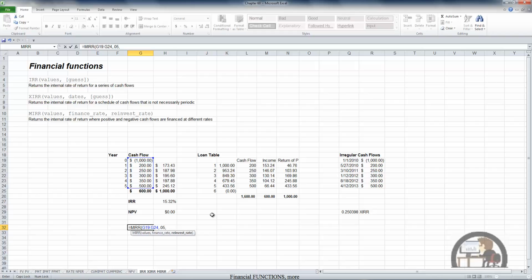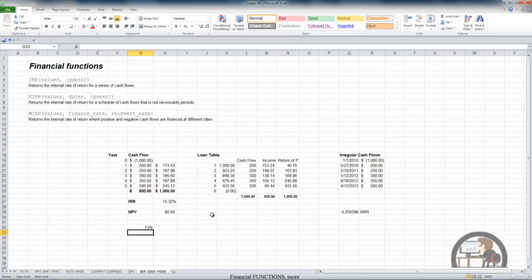So the proceeds, or the cash flow that we are going to generate from this investment, have a cost, the finance rate, and the cash we're receiving is going to be reinvested into the company, and let's say the reinvestment rate is 10%. Closing the parentheses, enter, and the MIRR has calculated a 13% return on these cash flows.